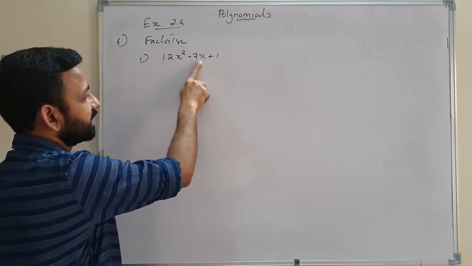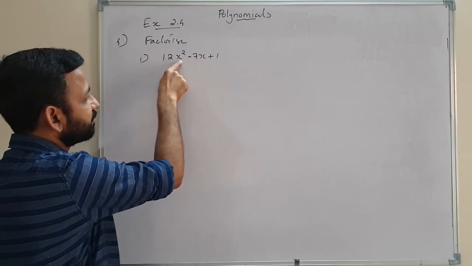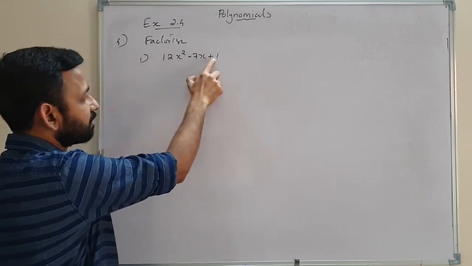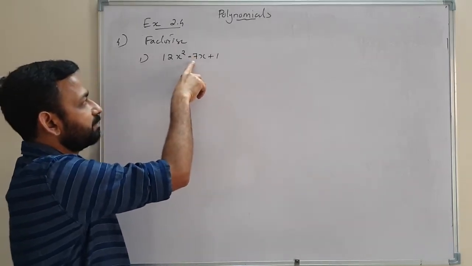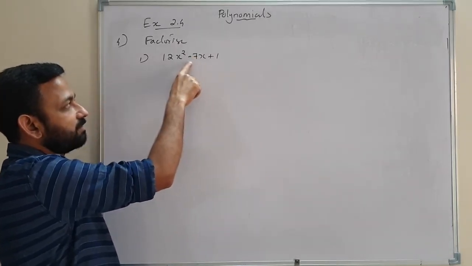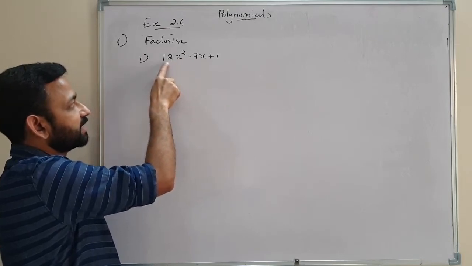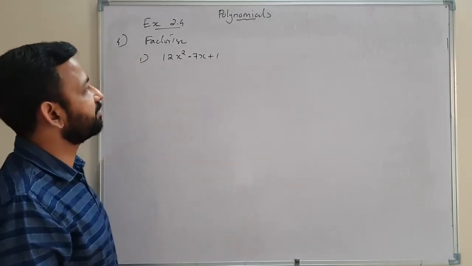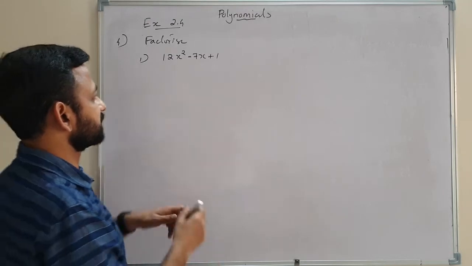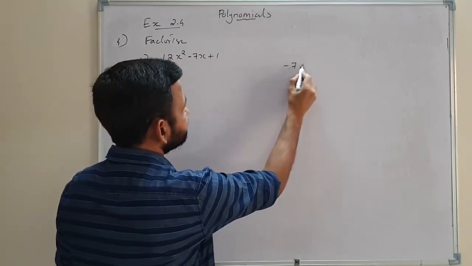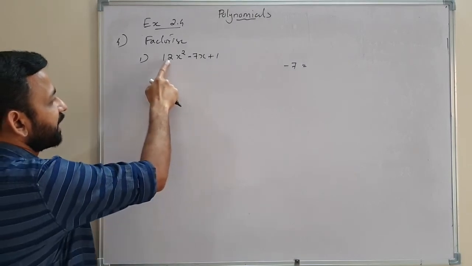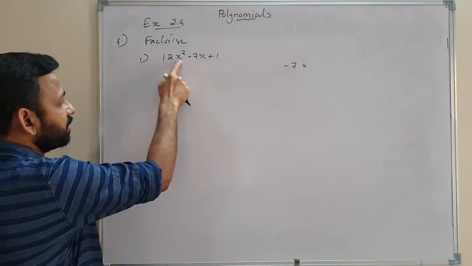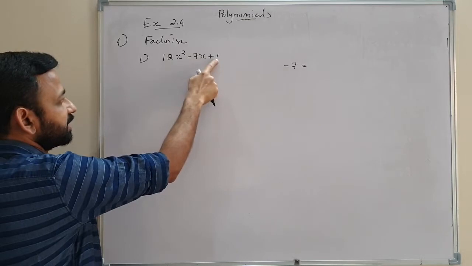The coefficient of x square is 12, and the constant term is 1. So we will write the coefficient of x first, minus 7 equals. Then we need to find the product of the coefficient of x square and the constant term.